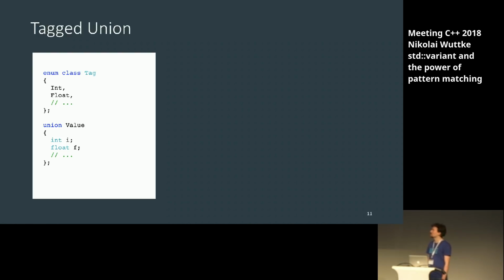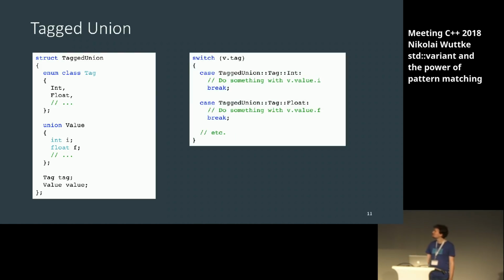So you need something like an additional tag to make it a tagged union. Then you can wrap it up in this way, and you have a tag and a value. Then you can switch on the tag, and do the right thing for the right value. But you need to manually keep this in sync. So if you change whatever is in the union, you also have to change the tag.